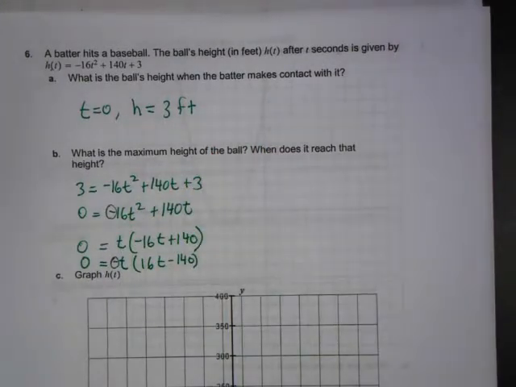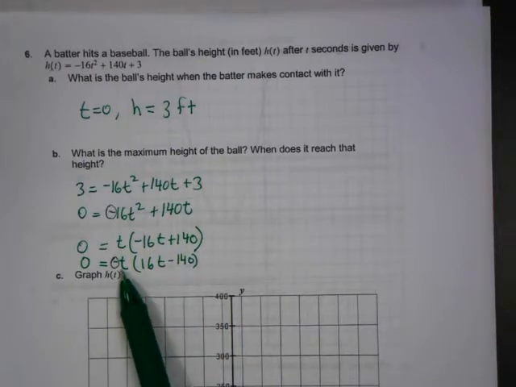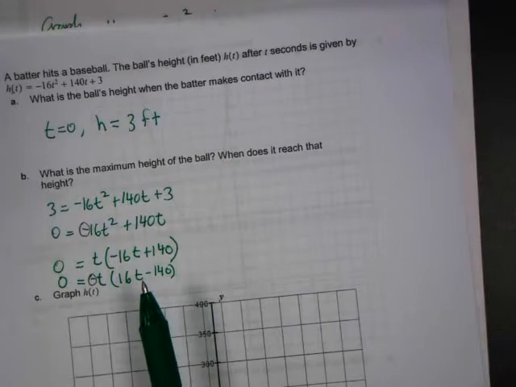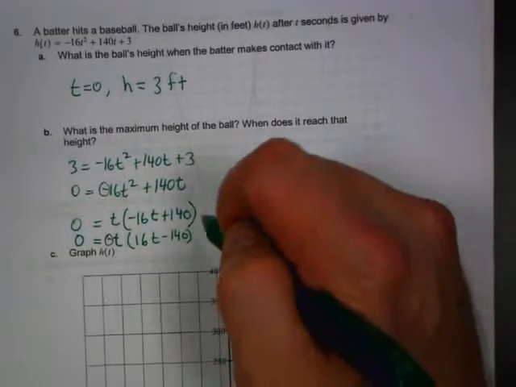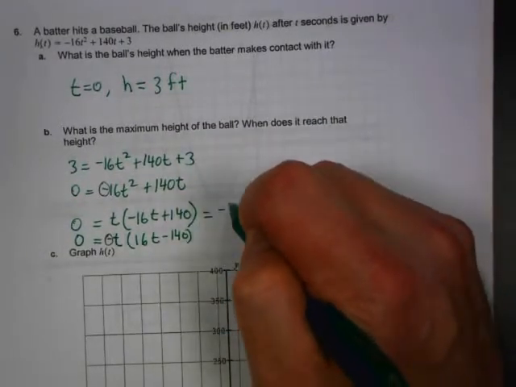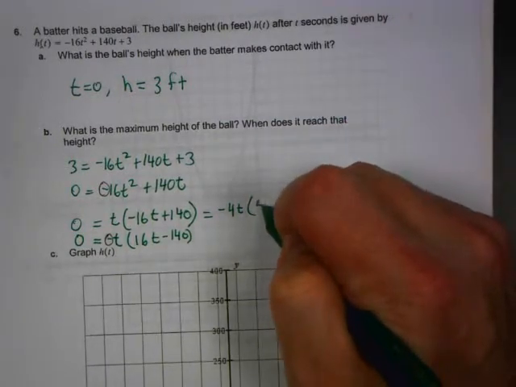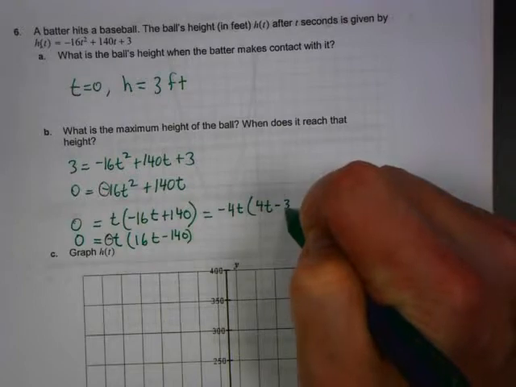How did you factor yours? Okay, so Cassandra did not use the greatest common factor. She just took out a t. You could do even better, and you could take out a negative 4t. So we could also factor it this way: negative 4t times what would be left over? 4t minus 35.